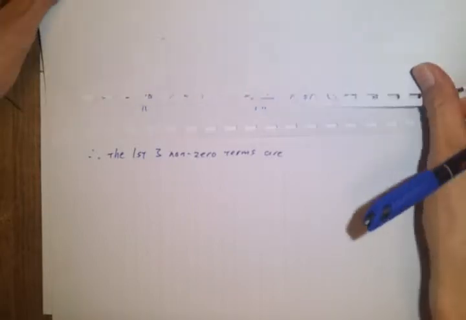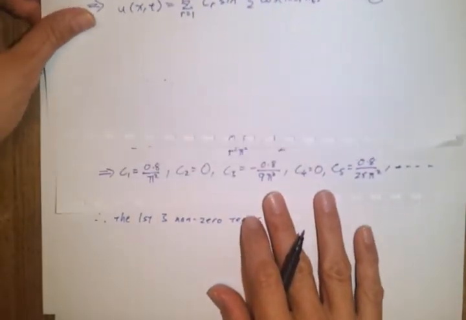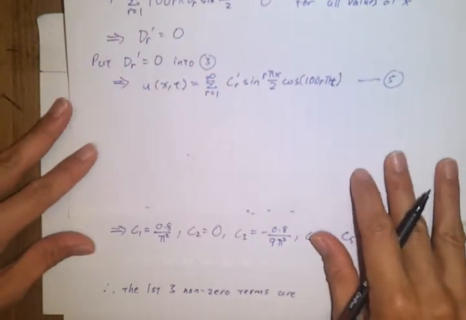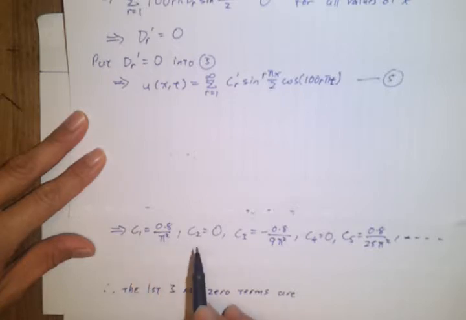Your solution is equation 5. So you put these values of C1, C2, C3, C4, and C5 into here. You want the first 3 non-zero terms, meaning your C1, C3, and C5 terms, because your C2 and C4 terms are 0. And you can see that that will actually give you the answer to the question.